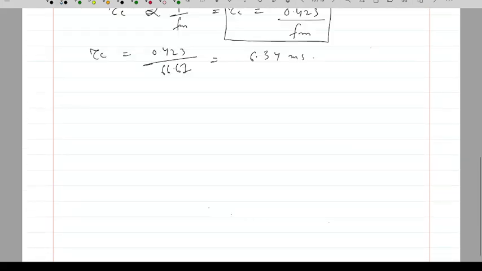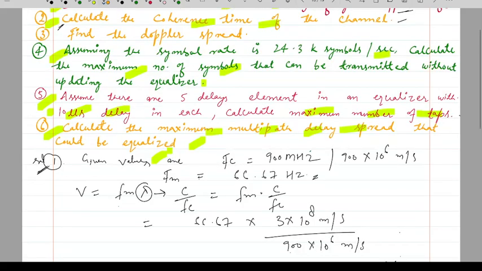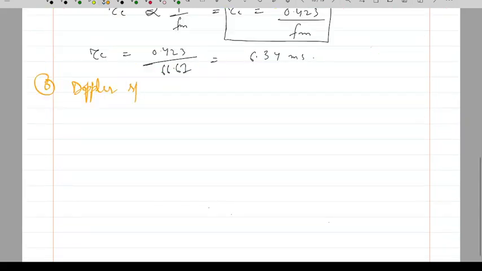So let's move to the third part. In the third part we will find the Doppler spread. What is Doppler spread? I have already told you. Doppler spread is nothing but the highest value of Doppler shift.